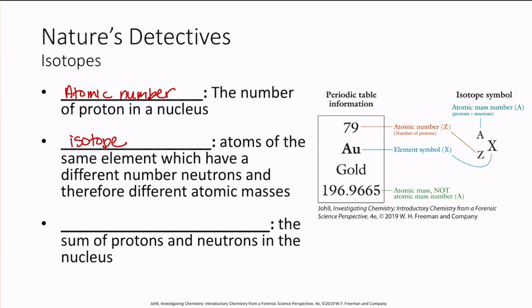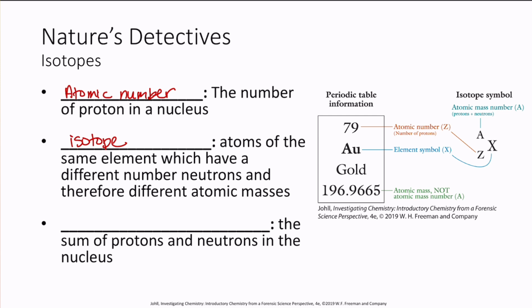Now remember, protons define the identity of the atom. The electrons are going to define the charge of the atom. So if you have the same number of protons and electrons, then it's going to be a charge neutral atom. Now, the number of neutrons is going to define the mass of the atom. And that is because if I take neutrons away or add neutrons, I'm not going to be messing with the charge since they're charge neutral.